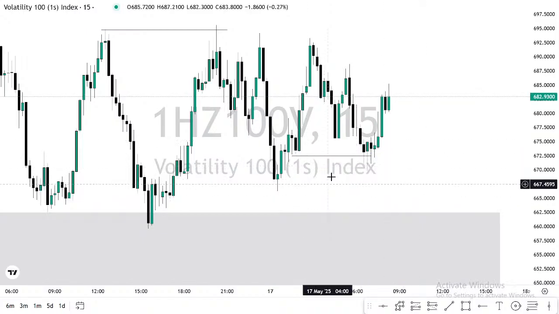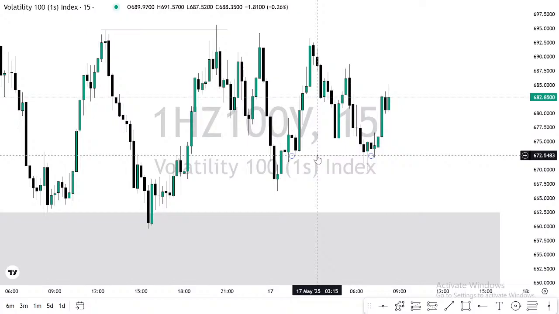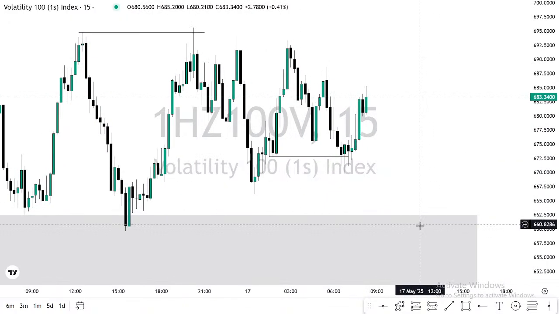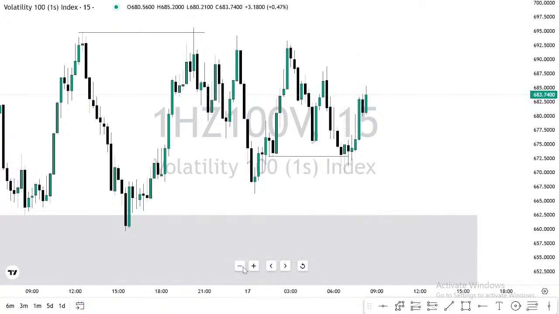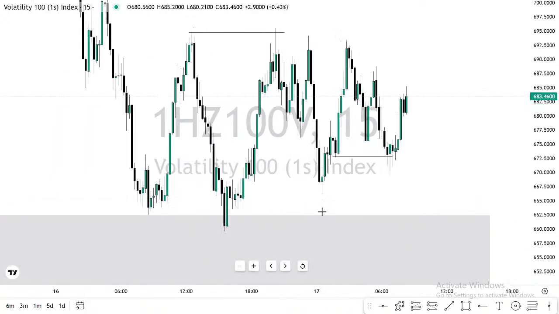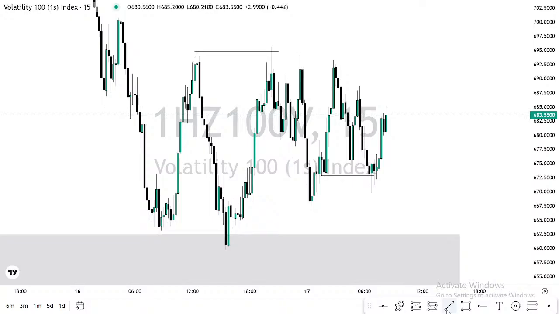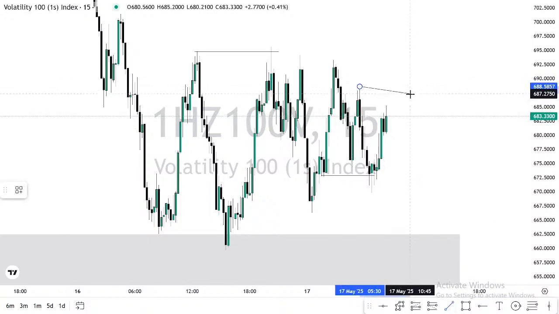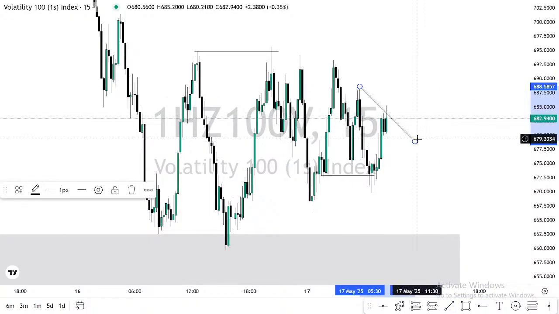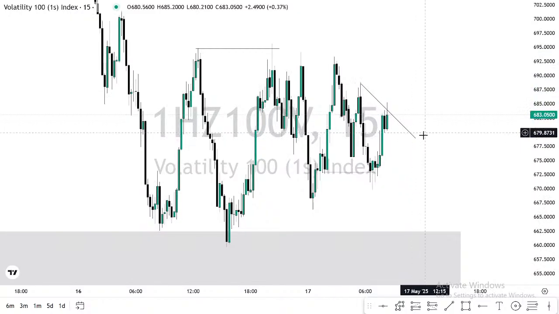It took out this liquidity. So let's see where we are expecting it. So this is a strong high, but it's an internal, so I'm not going to focus on that.